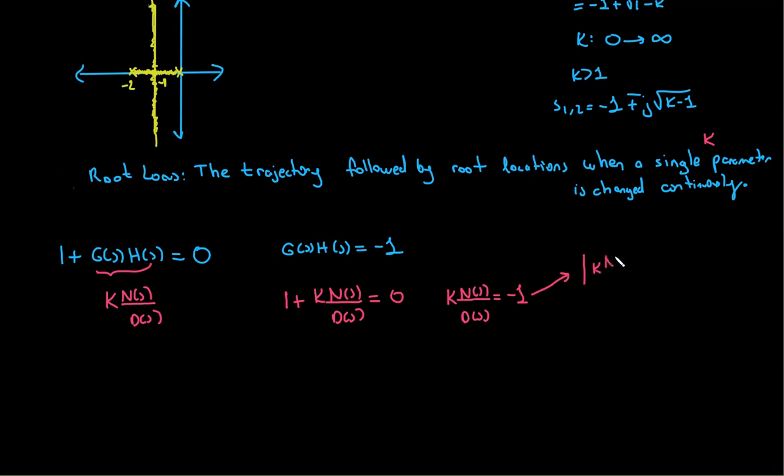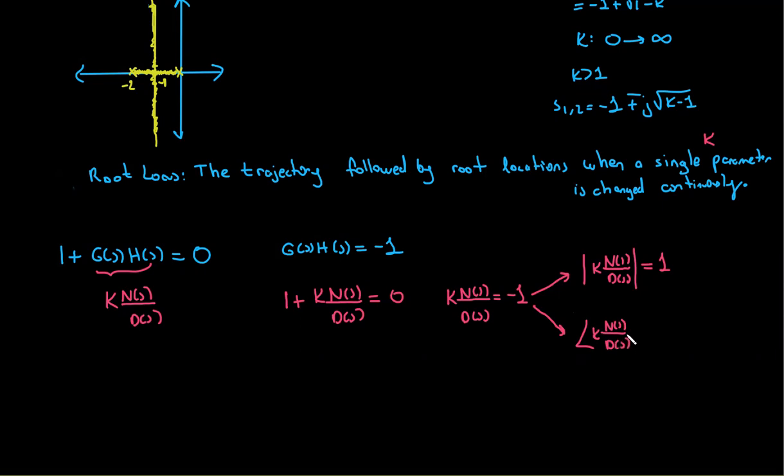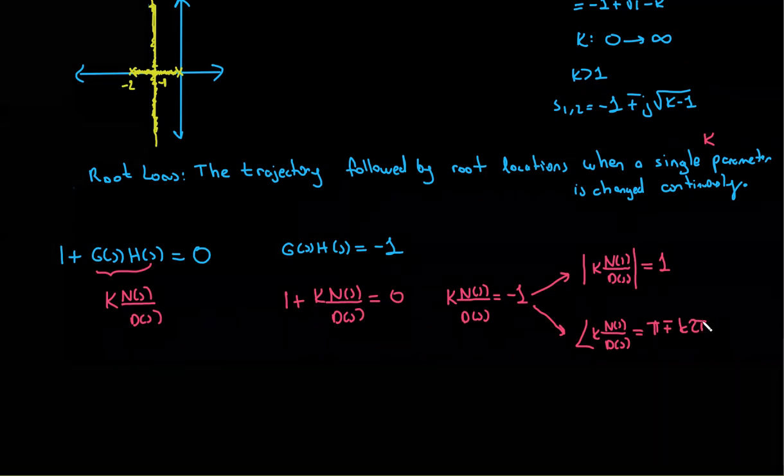The magnitude of K times N(s) over D(s) should be equal to 1, and the angle of K times N(s) over D(s) should be equal to the angle of -1, and the angle of -1 is equal to pi plus or minus k times 2 pi, for k equal to 0, plus or minus 1, plus or minus 2, etc.